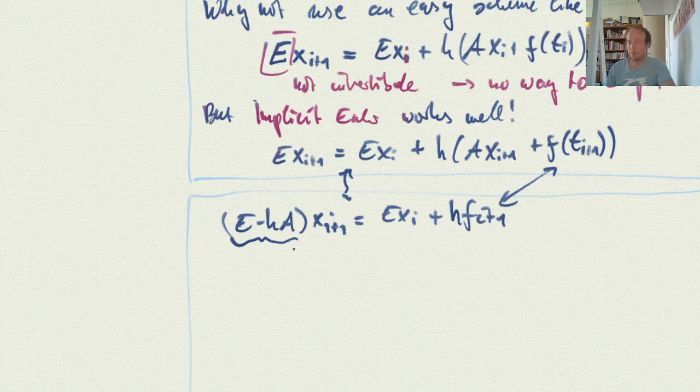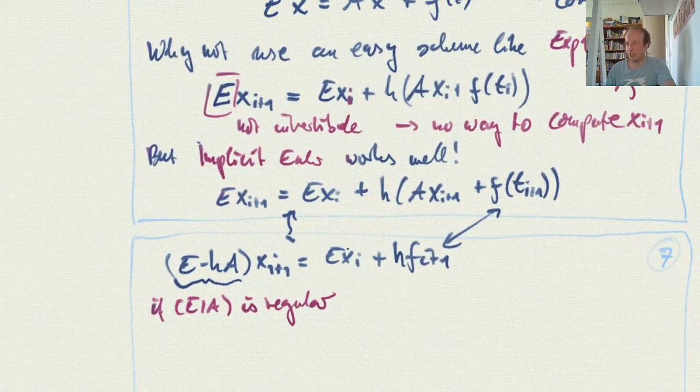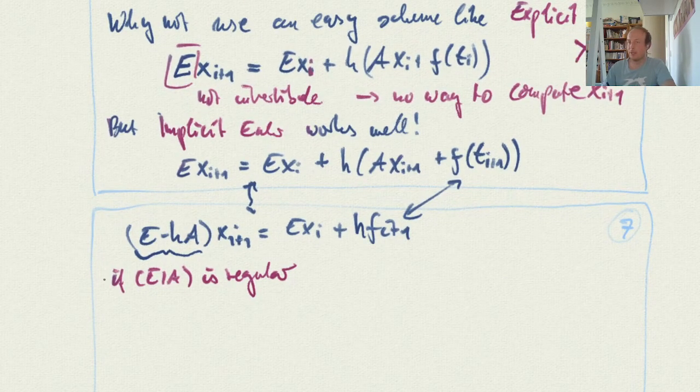And well, do you all recall what regularity is? So if the pair E, A is regular, and actually that's something we should assume because we want to approximate the solution, and if it's not even clear whether the solution exists, or even worse, if there are maybe many solutions, then you don't know which one you will actually approximate. So it's very reasonable to assume that this pair E, A is a regular pair.